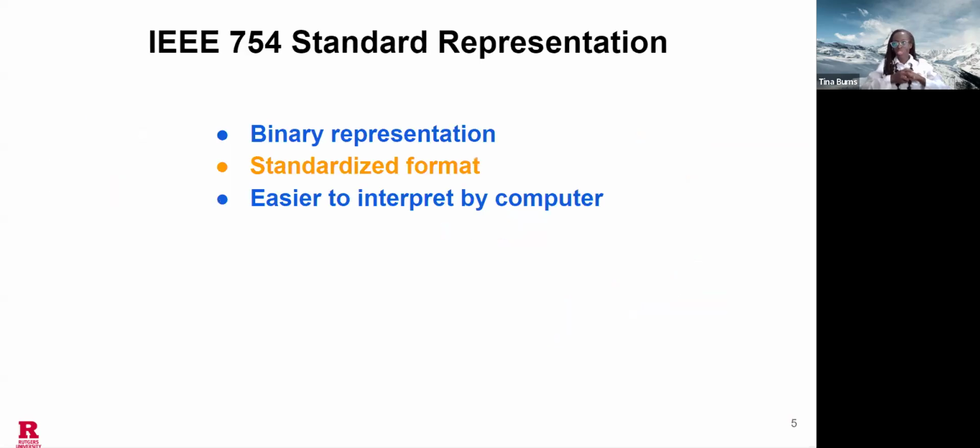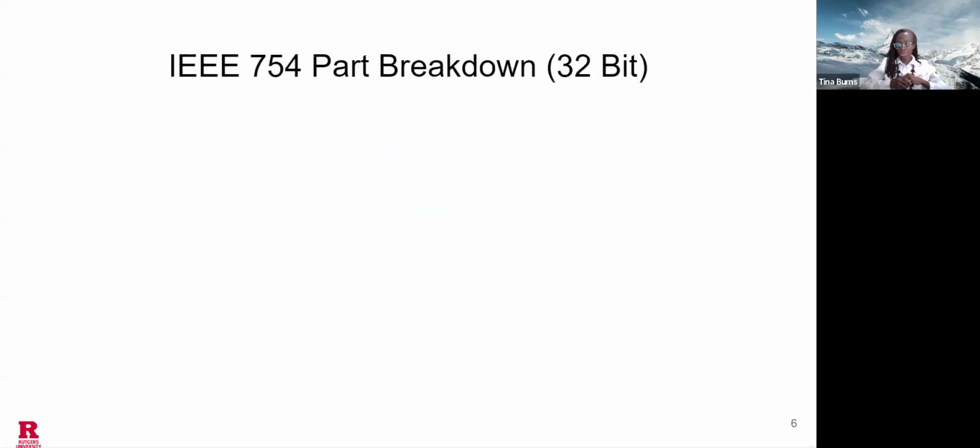Hence the IEEE 754 standard representation. What it does is it takes your floating point value and converts it to this binary form. It's good because it allows a standardized format, and as I said before, it's easy to be interpreted by the computer.